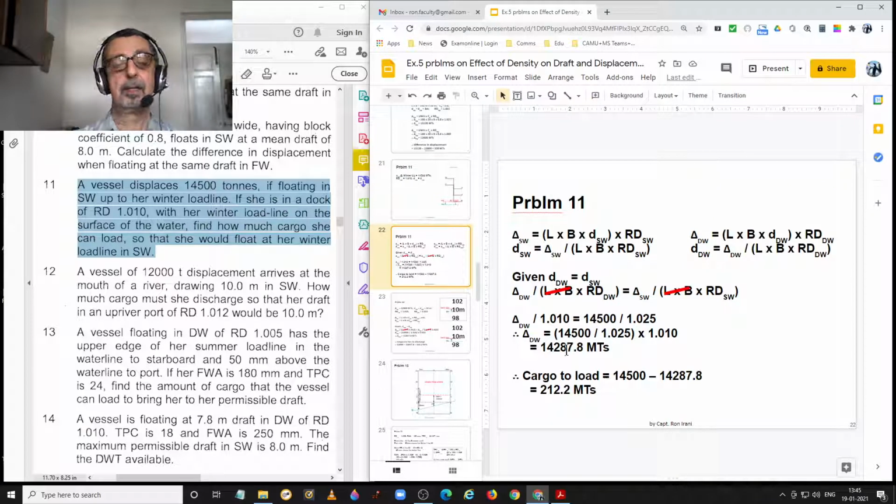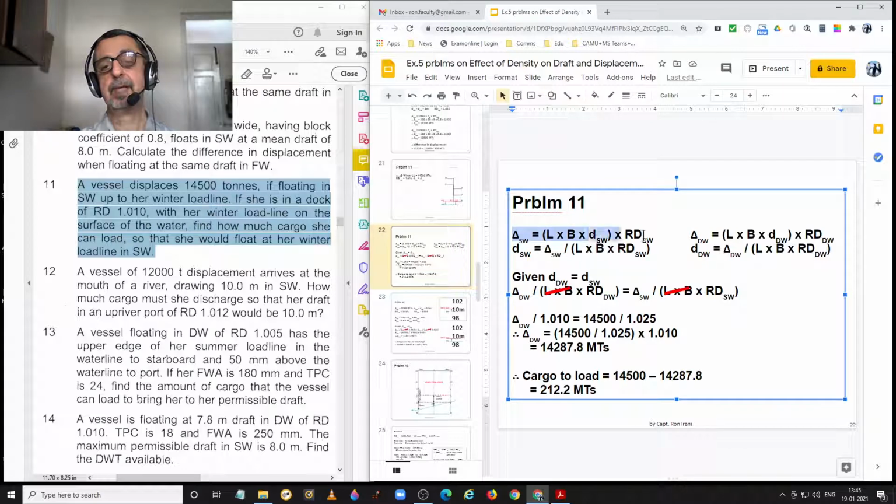Or, in other words, since it is not mentioned in this problem that it is a ship, we can safely assume it to be a box-shaped vessel and work according to this formula, which we have learnt earlier. How do we know that she is not a ship but is a box-shaped vessel?